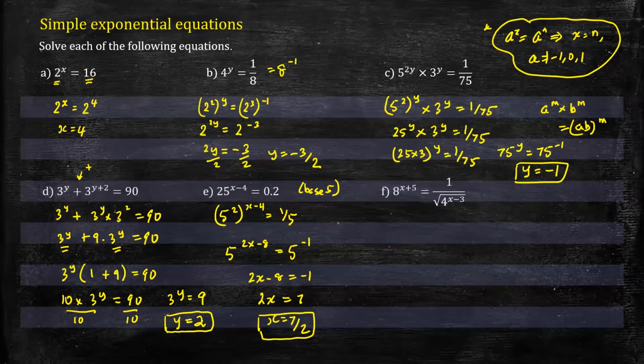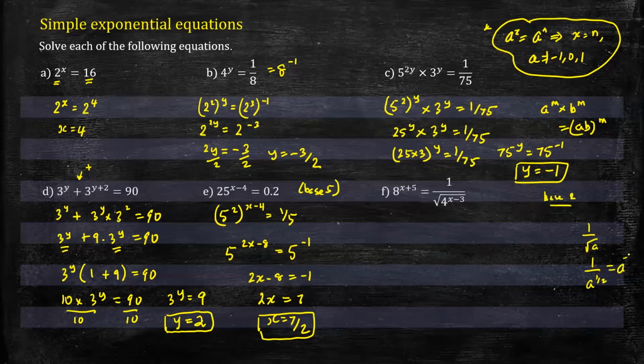In question F, we have 8 to the power x plus 5 equals 1 on the square root of 4 to the power x minus 3. So we have 8 and 4, and both of those can be written to base 2. So we'll use base 2 for this question. And on the right side, you can see you've got 1 on the square root of a number. So that's the same as writing 1 on 8 to the half.